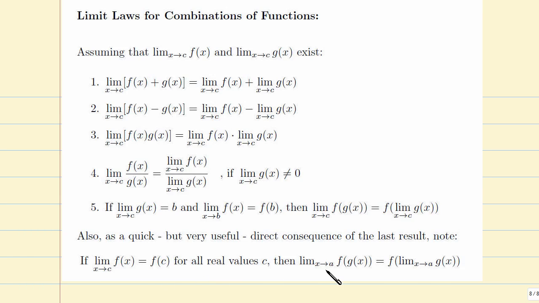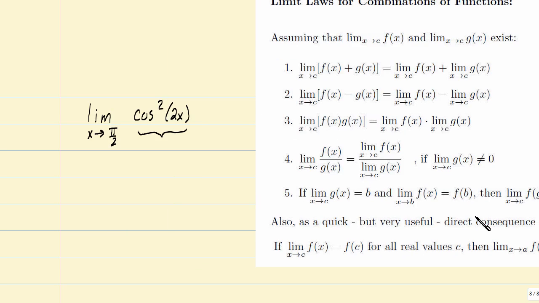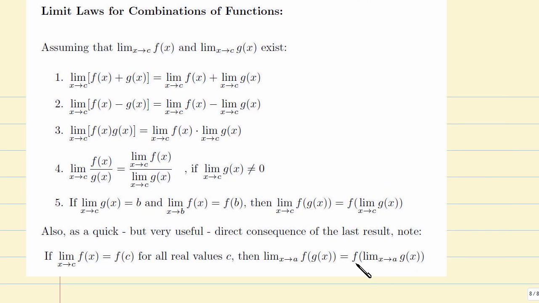Notice this says, if you're trying to find the limit as x approaches something here of a composition where f is your outermost function, remember for us, f is the squaring function, then you can pull that outer function outside of the limit.